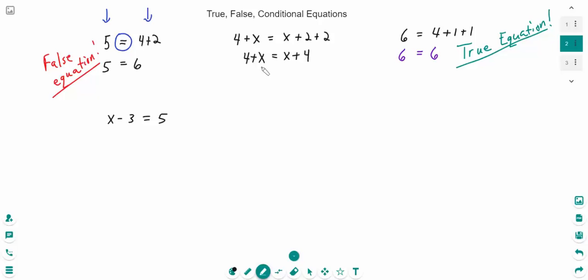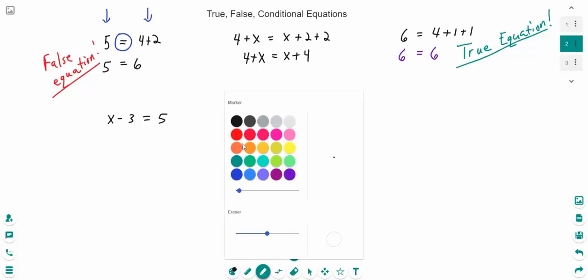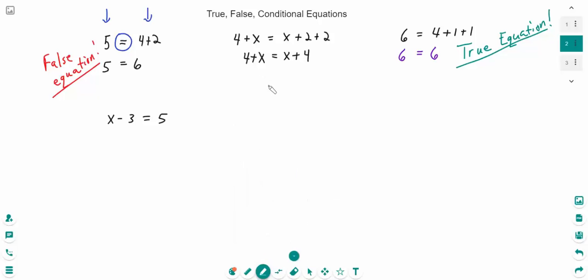No matter what I plug in for that x, let's just say for the sake of the argument, I'm guessing that the x is a 2. Well, if x equals 2, then this would become 4 plus 2 equals 2 plus 4. 2 plus 4, which is in fact a 6 equaling a 6, right? And that would be a true equation.